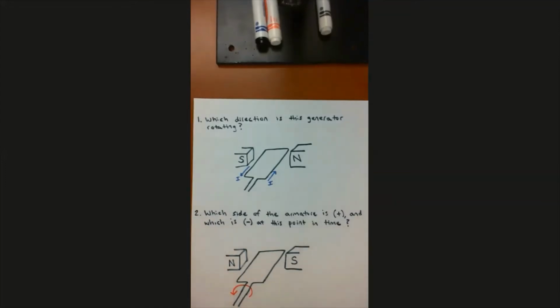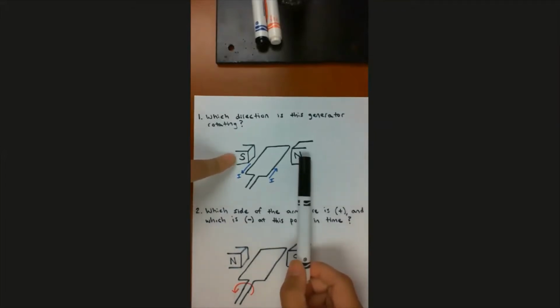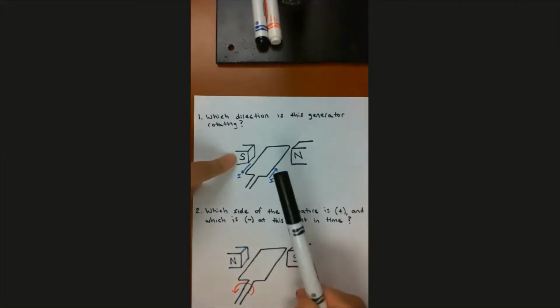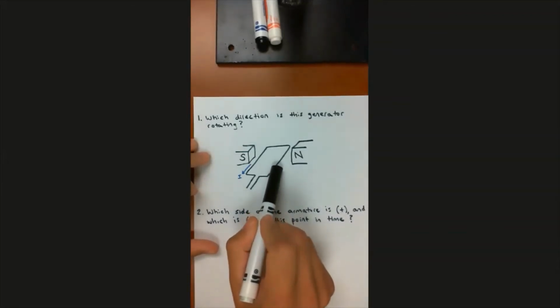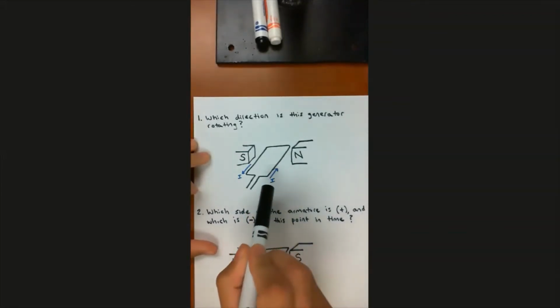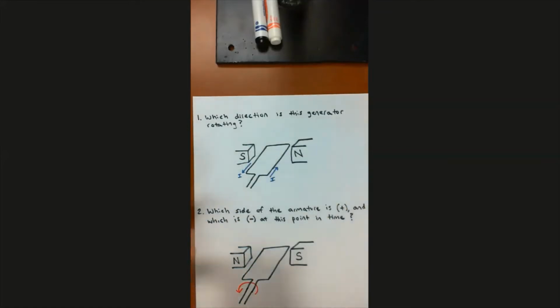This is our prototypical simple generator where the armature is on the rotor and the field is on the stator around the outside. And it tells us which way current is going. Current is going into the screen on the right side and out of the screen coming out on the left side.